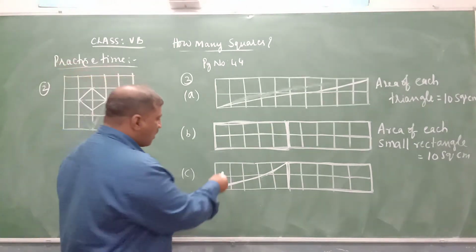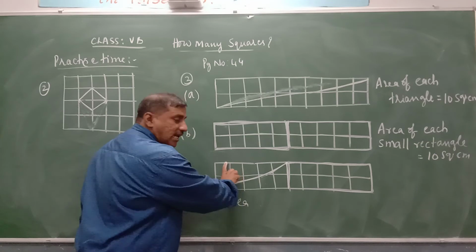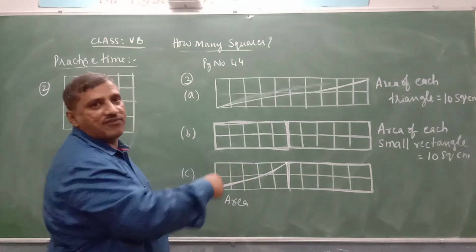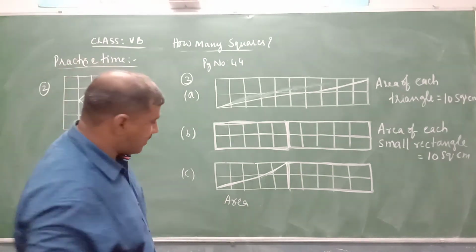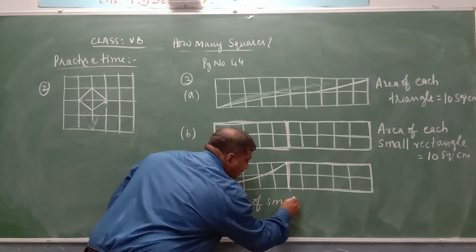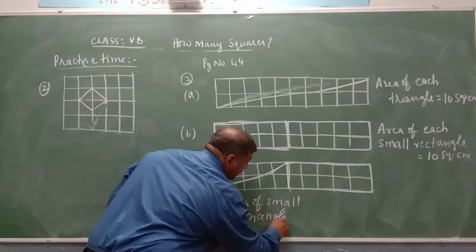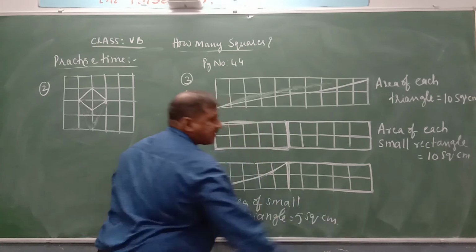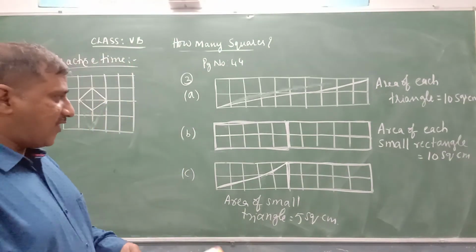Now what is the area of the small triangle? Half of this small rectangle. The area of the small rectangle is 10 square centimeters. Therefore, the area of each small triangle will be half of that, which is 5 square centimeters. Now what is the area of the rectangle?